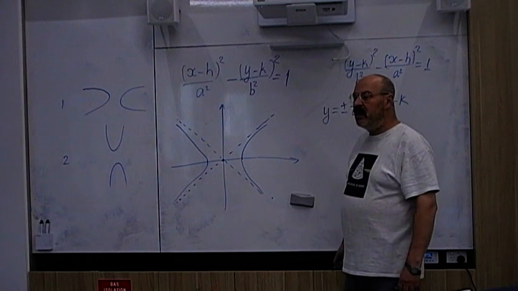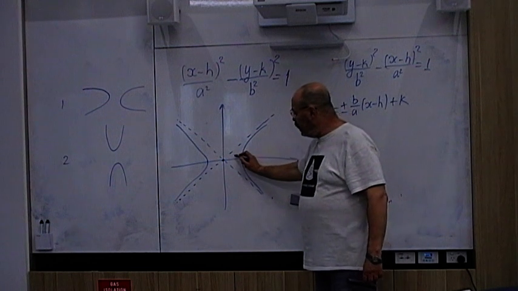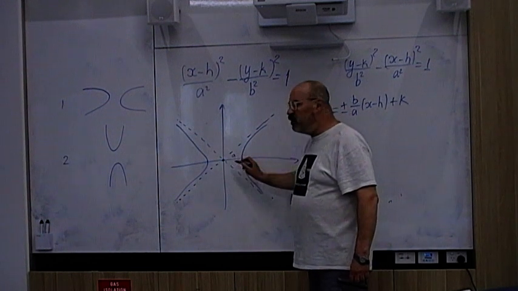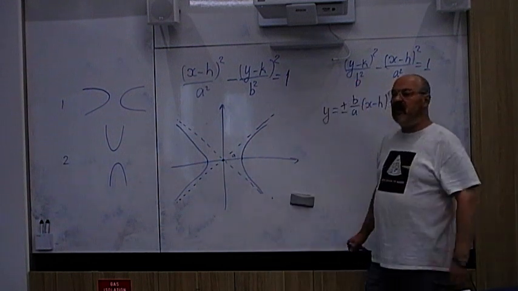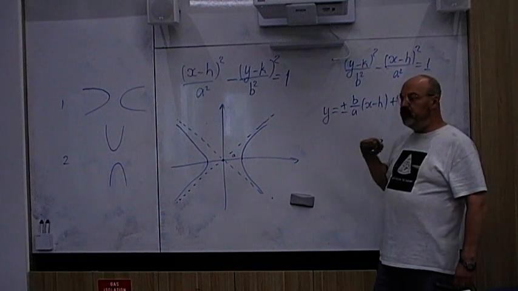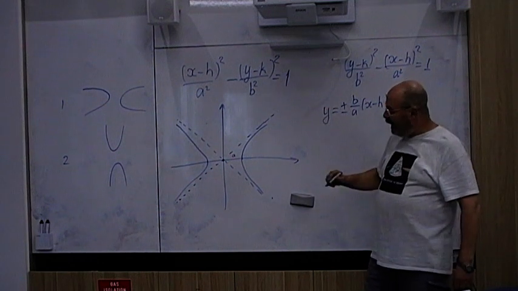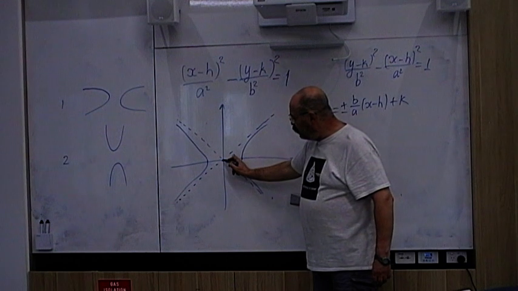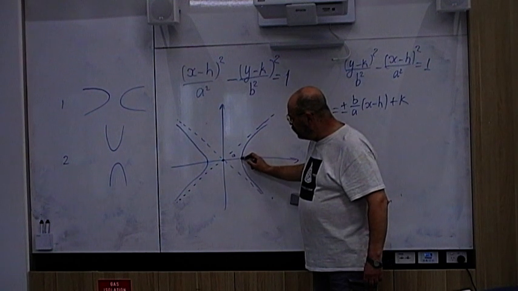Now, this is a. In this case there is no representation of b on the graph. a is the distance from the center to the vertex.